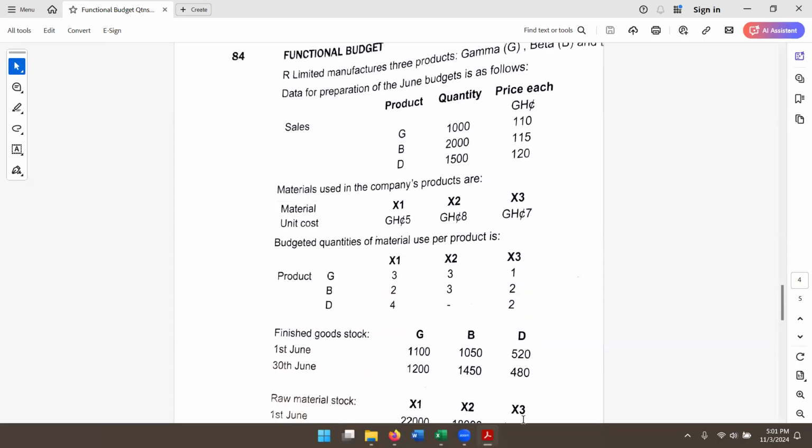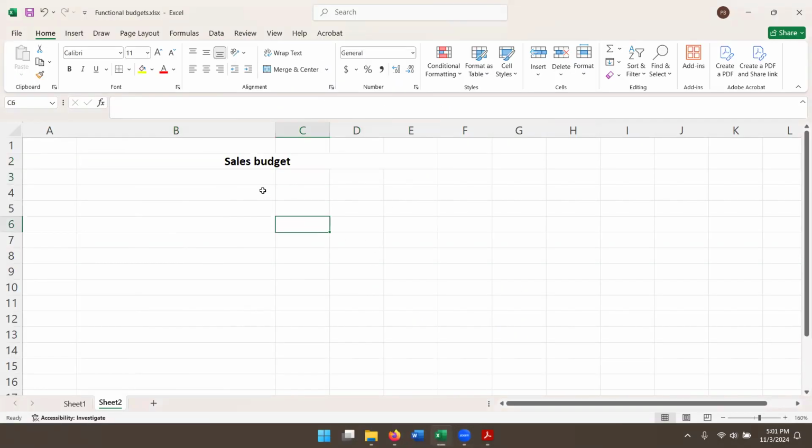So J, B, and D. You get that? Then Ghana cedis. No, it will not be Ghana cedis. Maybe total. So just the total that will be in Ghana cedis.